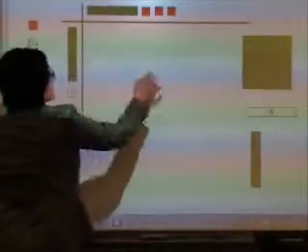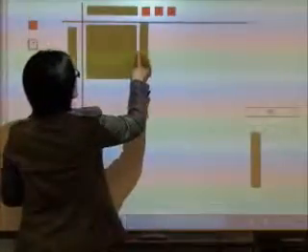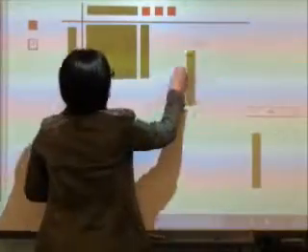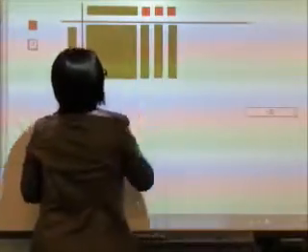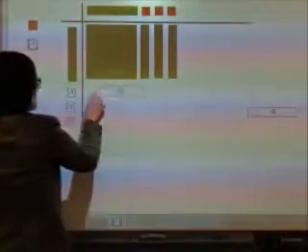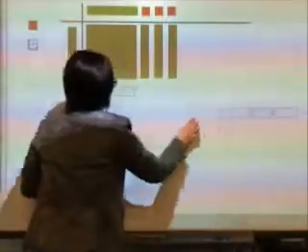So x times x gives me my x squared. X times positive 1 gives me a positive x, and that happens 3 times. And then I have x times negative 1, so I get a negative x 3 times.